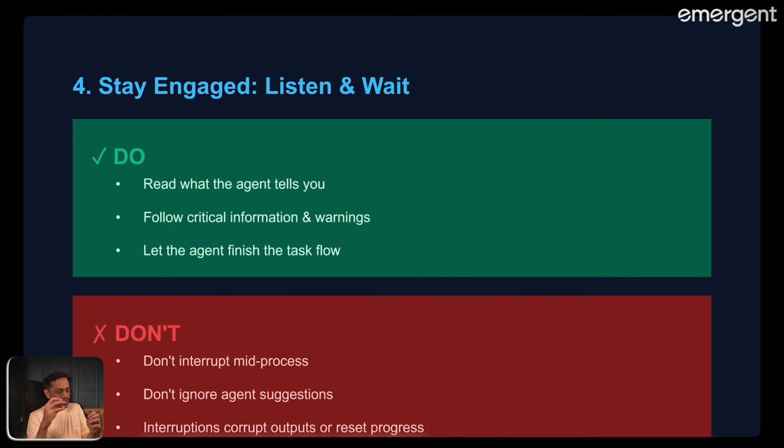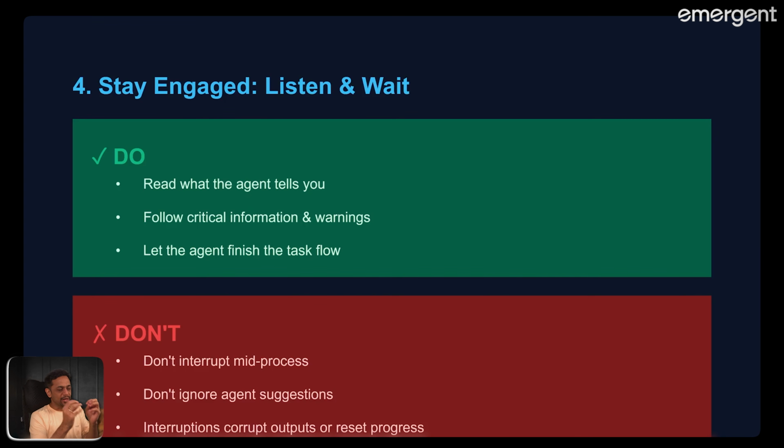Because when we stop, the agent would have written some half code, and it will probably leave that half-written code there. When we give the next prompt, it might not be able to begin from where it left off. So it's always better not to stop, but wait for the agent to finish and then give instructions like, okay, I forgot to mention this, so please take care of that.